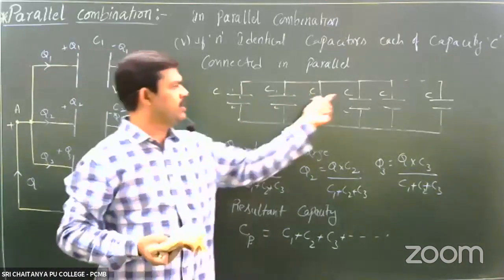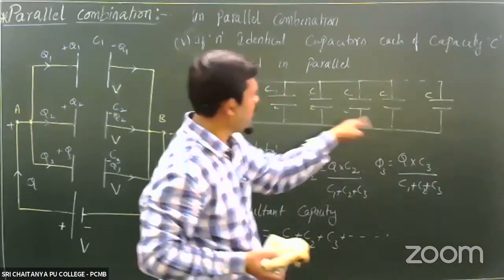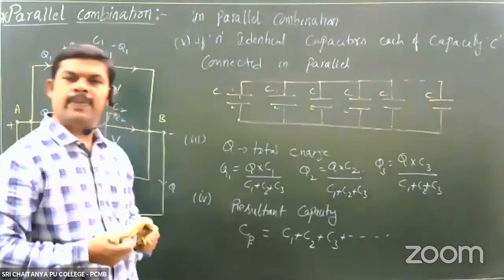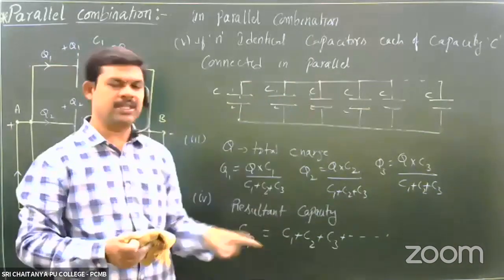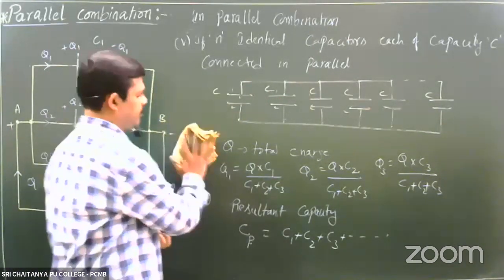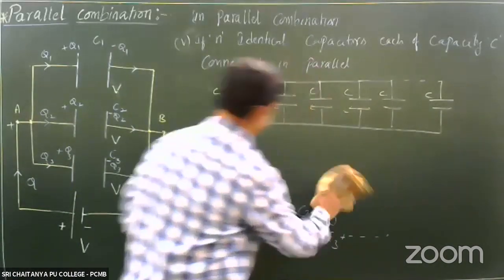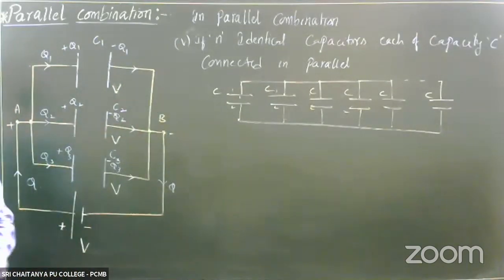C1, C2, C3, C4, C5, C6, all connected to the same common terminal. In this, the capacity of each is the same. What is the resultant capacity there?